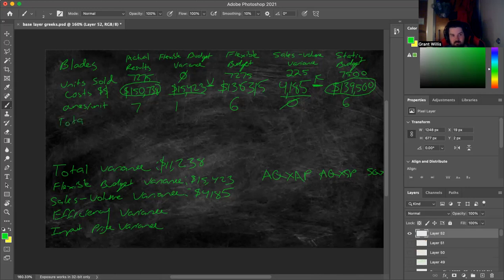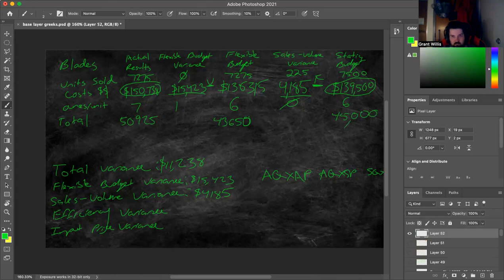To find the total ounces here, I'm going to multiply the ounces per unit by units sold. And I get 50,925 there. I'm going to get 43,650 there. And I'm going to get 45,000 there.